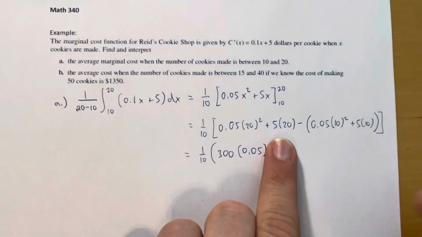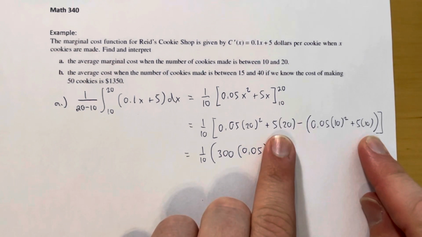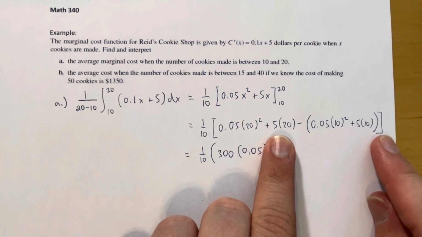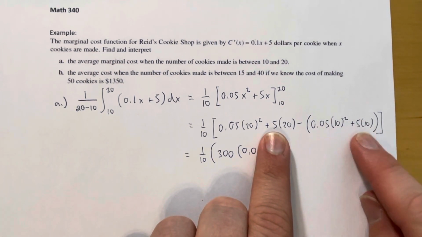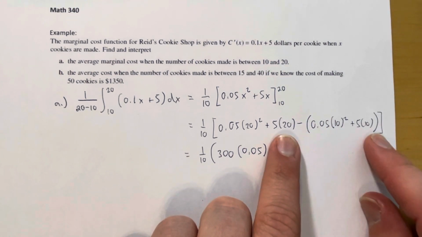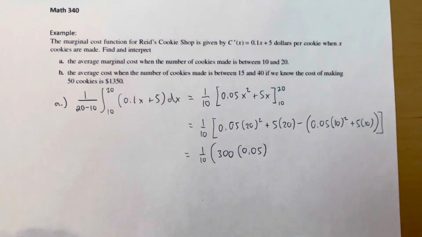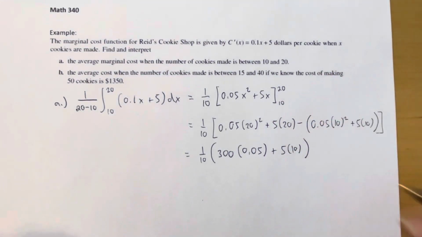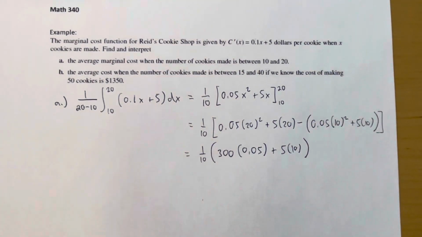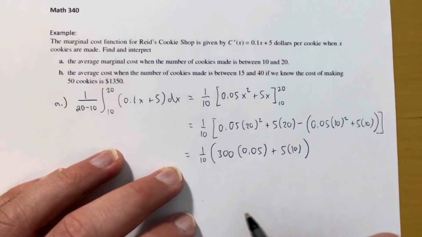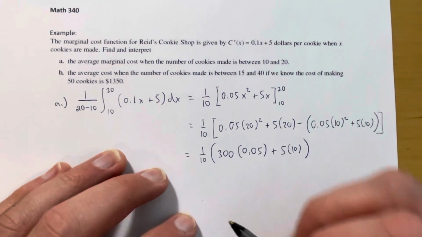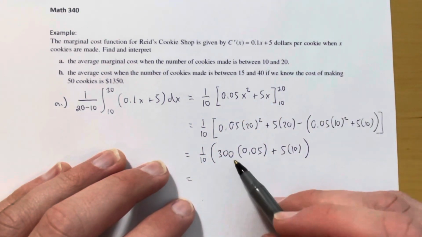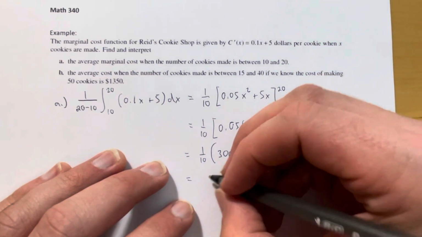And then here, this minus will distribute. I have 5 times 20 minus 5 times 10. If I think of that as 20x and 10x, subtracting those would give me 10x. That's 10 times 5. So we're just going to take different mental math tricks here to make things easier. Now, if I multiply this 1/10 in, it's going to turn that 300 into a 30.